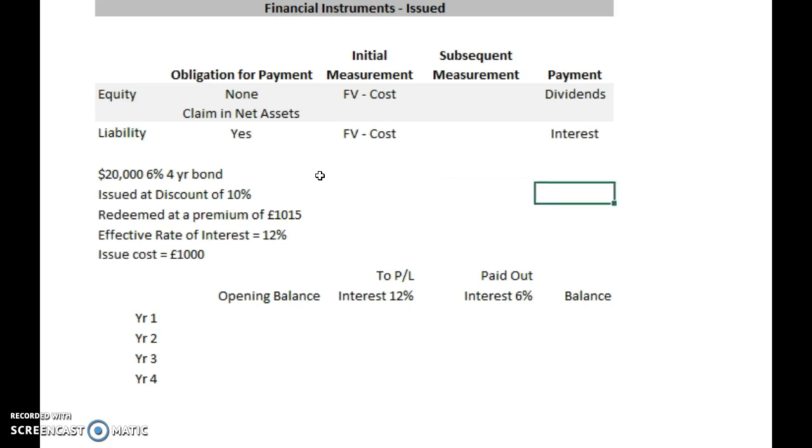First of all, a bit of a calculation involved of the starting amount. We start off with 20,000, but it's issued at a discount of 10%, so we have to take off that 10%, and we also have to take off the costs.